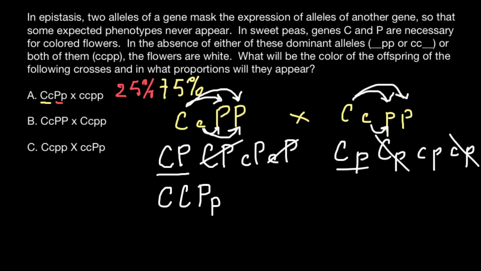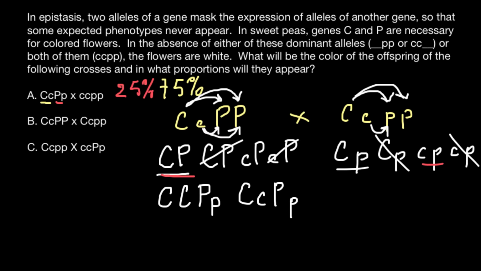And this is going to be one type of genotype. Another one would be if we cross this genotype with this genotype, and this is going to be capital C, small c, and capital P, and small p.